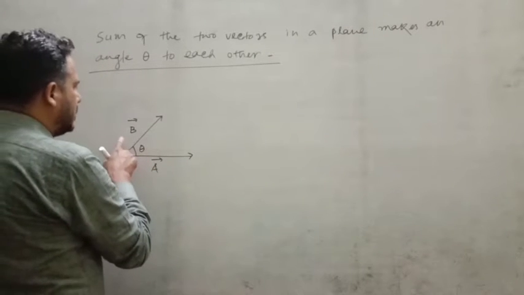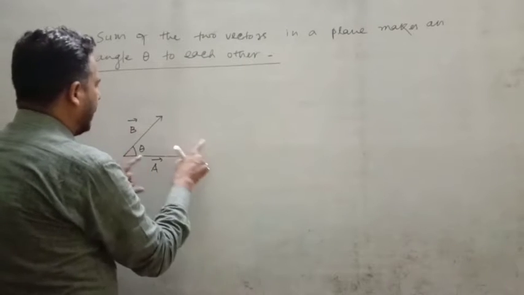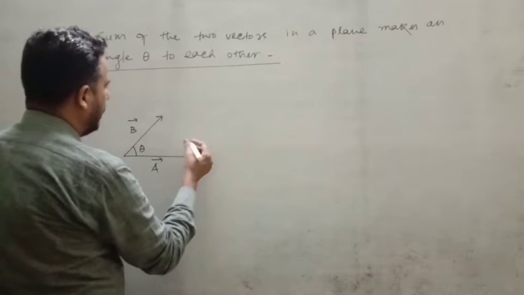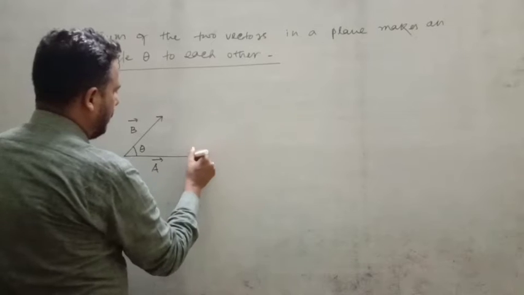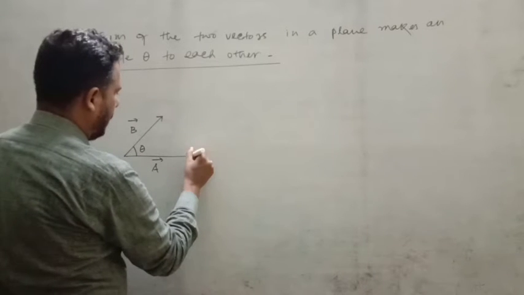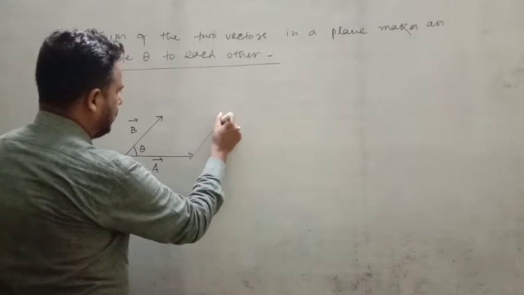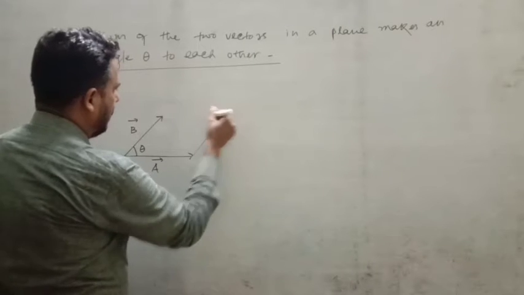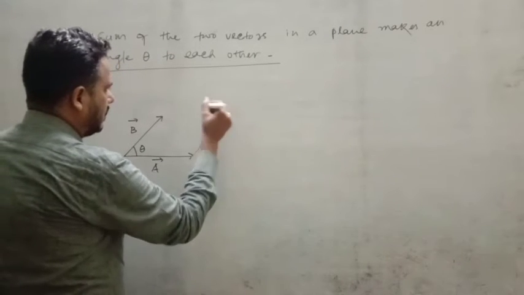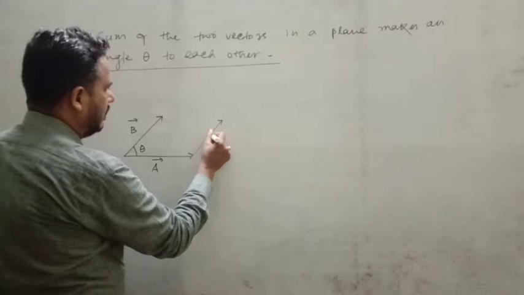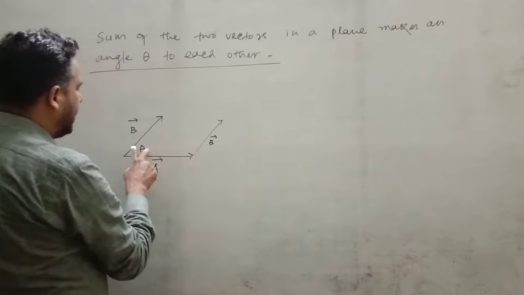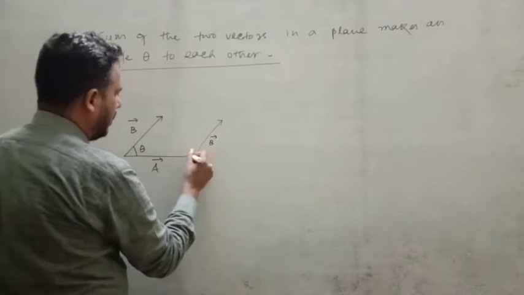So you just draw a parallel vector B from here. This one is your vector B, and it makes an angle theta with vector A.